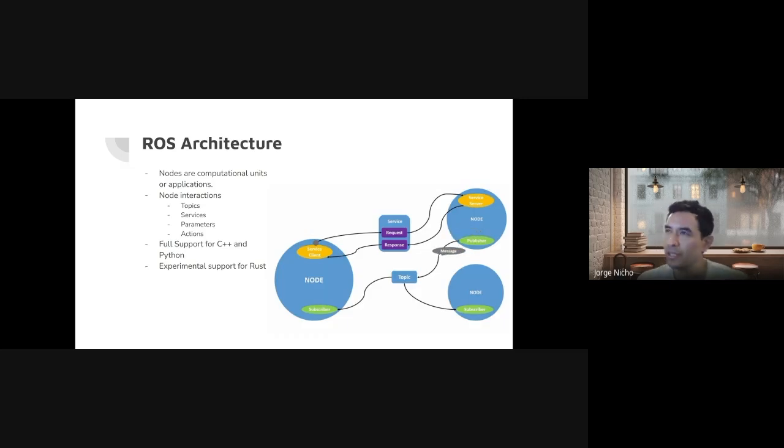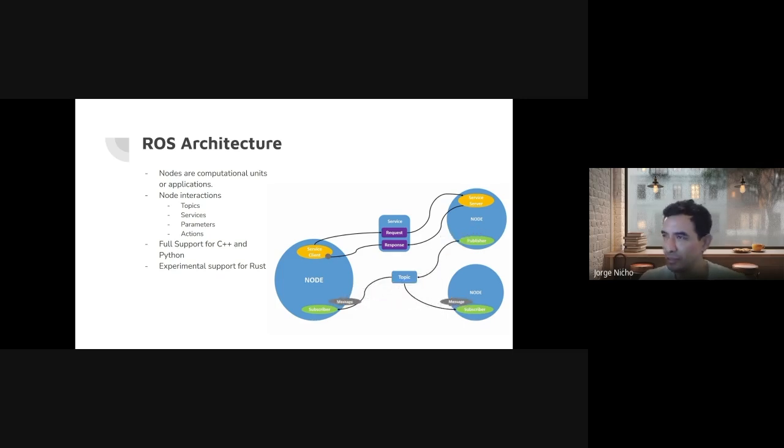Okay, so now I'll jump into ROS architecture. This is, hopefully, a clear depiction of what is going on when you have a ROS system. Usually you start by writing a node, which is essentially an application with some ROS interfaces built into it.